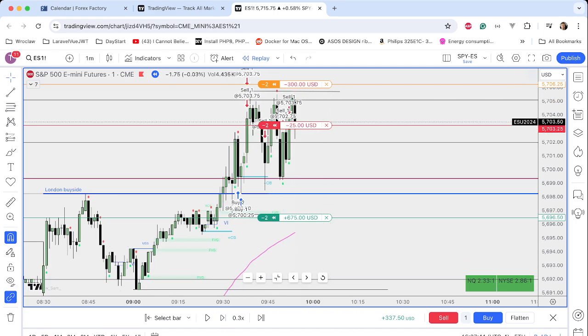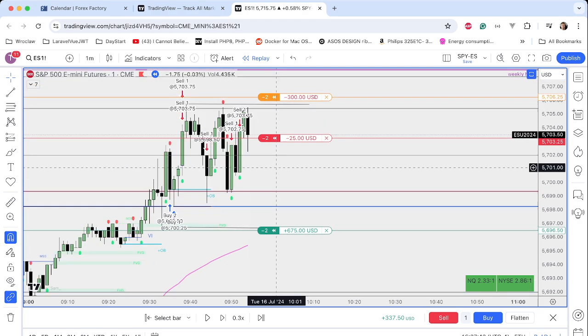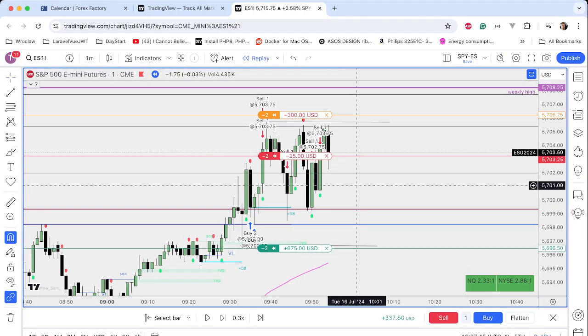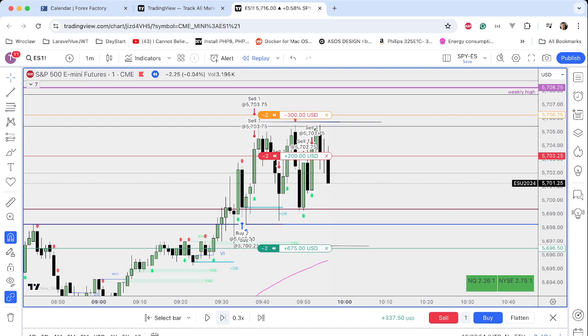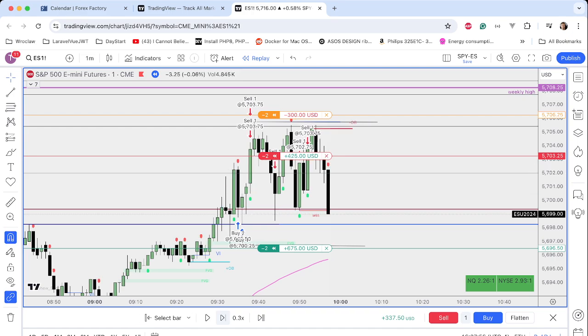Wow, look at it push. So we matched that at this point. Alright, it looks like it's breaking structure.